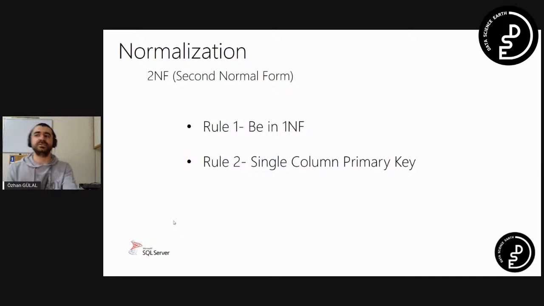And for the second normal form, you must be in first normal form. The second requirement is a single column primary key. Usually in the Turkish Republic, we ask what's your ID number, what's your ID number, or something like that. Why are we asking for your ID number? Because our ID number represents all the information about us.